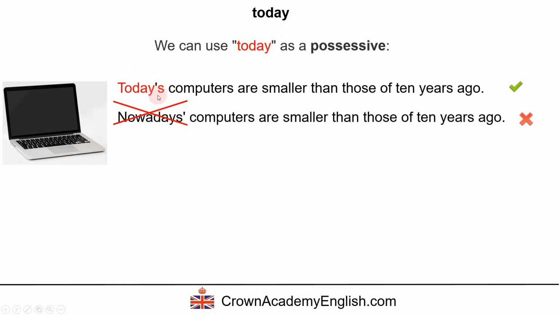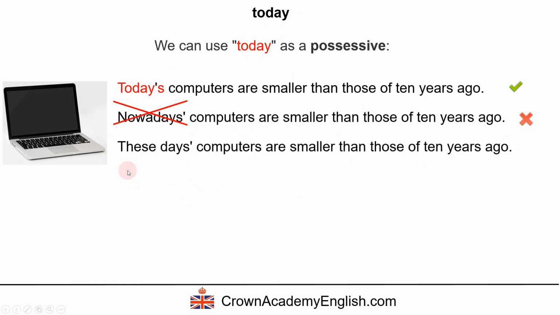If we need to use a possessive, then we must do it with this word. This is wrong: nowadays computers are smaller. No, we do not say this. And likewise with the words these days, we cannot say this.